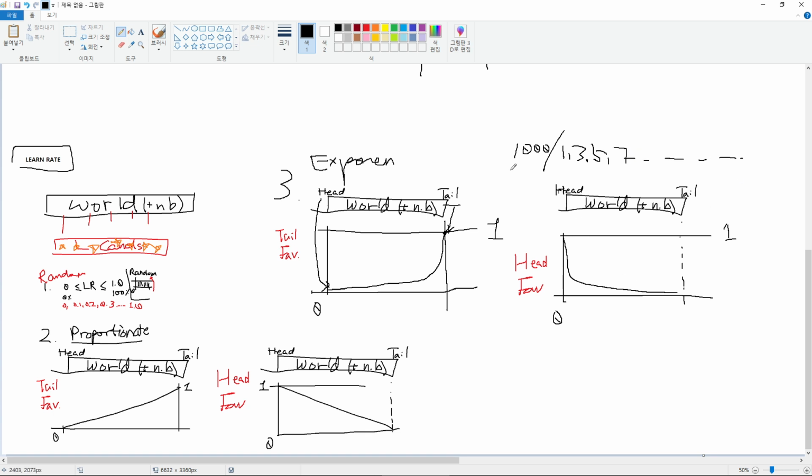So if you divide 1000 by 1, it's 1000. But I would have to ensure that this is also 1. So either divide by 1 or 1000.